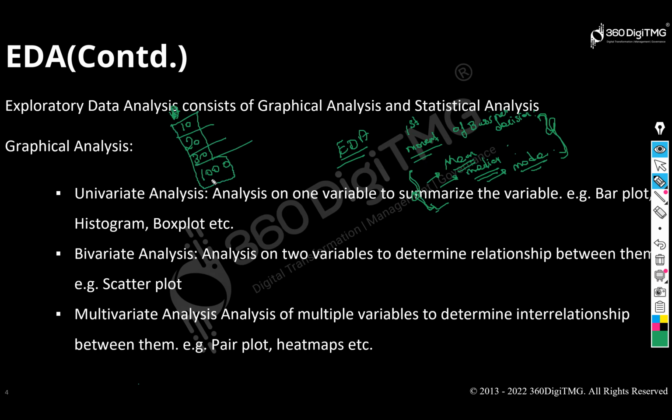Now, if I want to take the mean, that is the average, I will calculate 10 plus 20 plus 30 plus 1000 divided by 4, since the total number of values is 4. So 1060 divided by 4 comes to 265. So 265 is my average value.